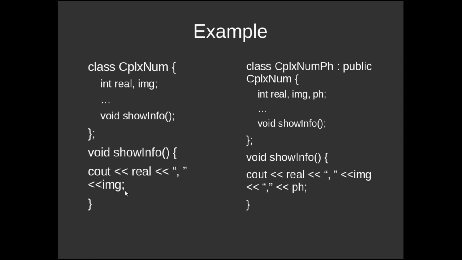So you can see that in the derived class, the function show info, which was also a member method of the base class, has been implemented differently. So this is one of the utilities of polymorphism. Next, we'll implement polymorphism in code.